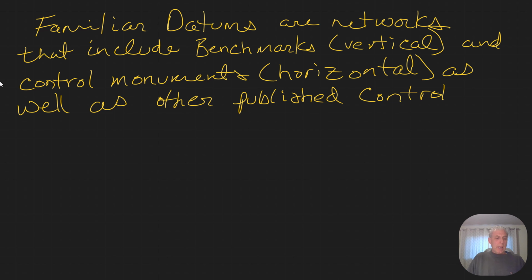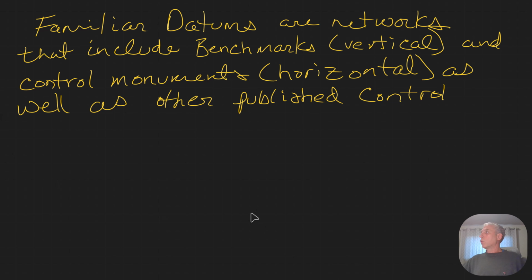NGS is moving more and more to a virtual control environment wherein they manage the satellite data and the constellations. They publish ephemerides, and that is taking the place of the use of physical monuments in the ground. So that other published control data would be just what we get from OPUS, and that's how we would tie into NAD 83, GRS 80. Okay.